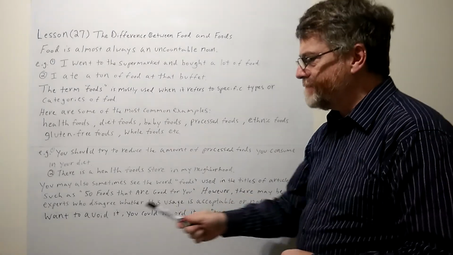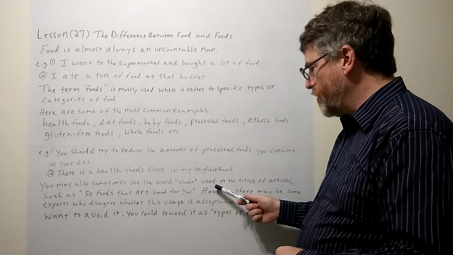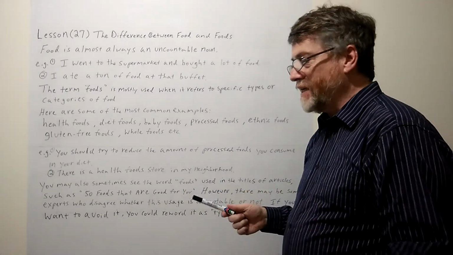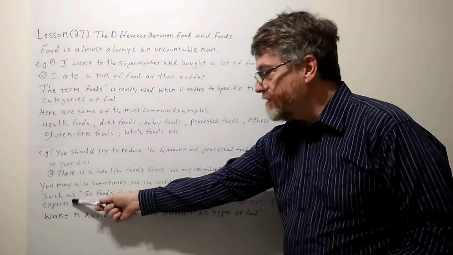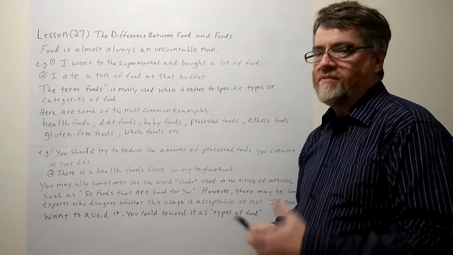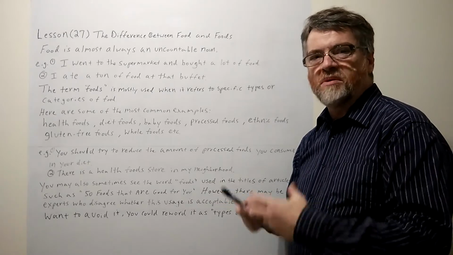You may also sometimes see the word foods used in the titles of articles, magazines, maybe even some book titles. Here's an example: 50 foods that are good for you. Now remember, in a title, sometimes writers are allowed a little bit more liberty.